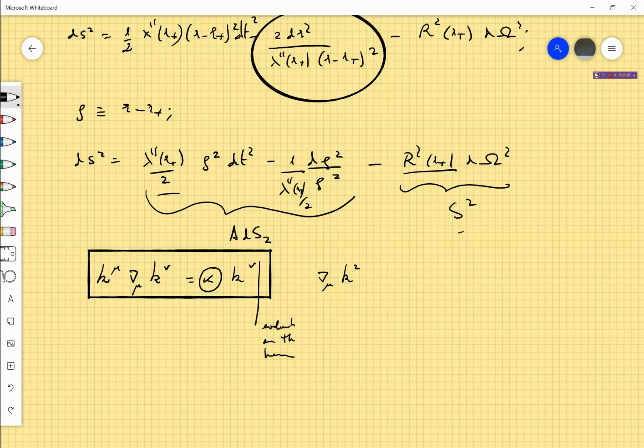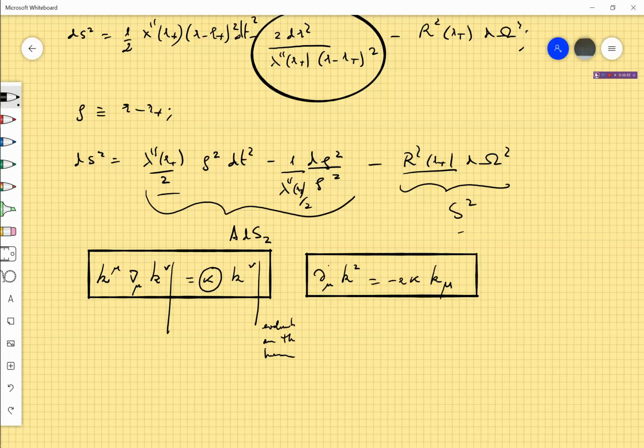It is only true when you evaluate both sides of the expression on the horizon. And if you do the same here, you just take the covariant derivative of k squared, which is also equal to the partial derivative. This is minus 2 kappa k mu.